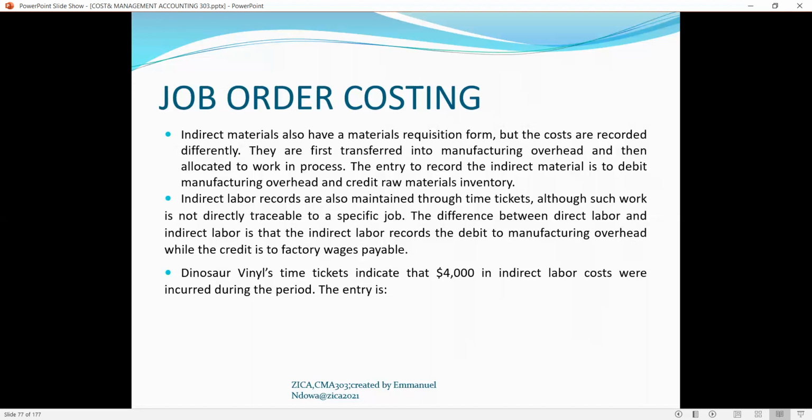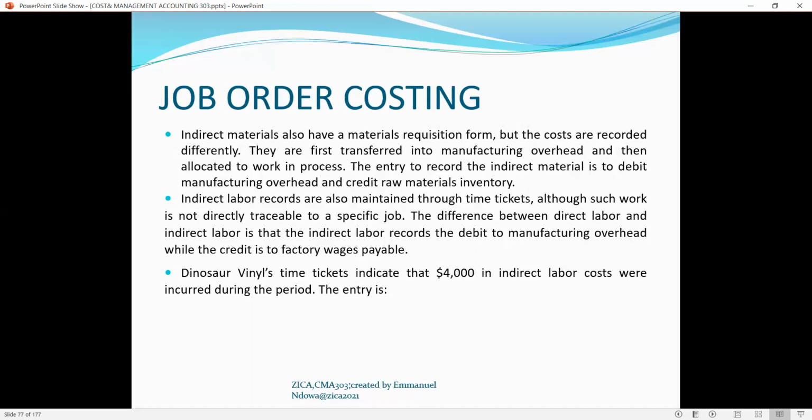When you are done with that, the manufacturing overhead account is the one that is going to be credited in order to transfer that overhead material into the appropriate job, so that it can be combined with the direct labor and the direct materials. It would then go and settle into the work in process inventory account.